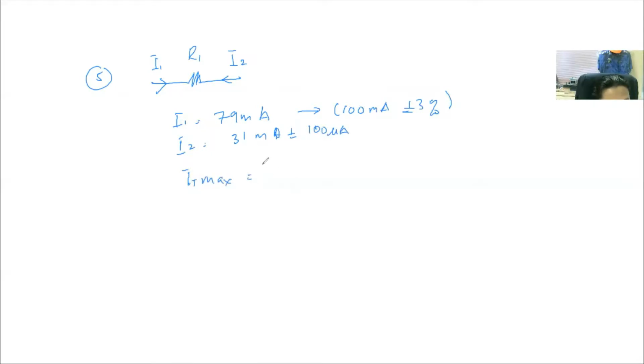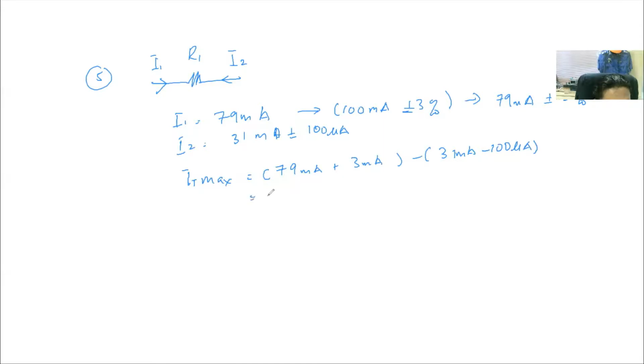So the 79 milliampere comes from this one. It is equivalent to 79 milliampere plus minus 3 mA, so plus 3 mA here, minus 31 milliampere minus 100 microampere.